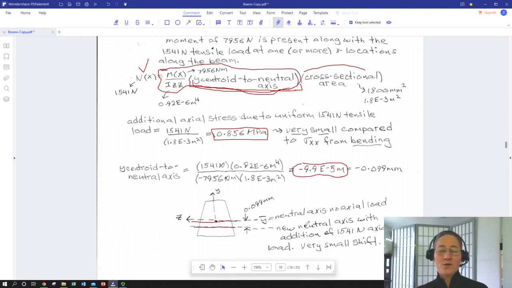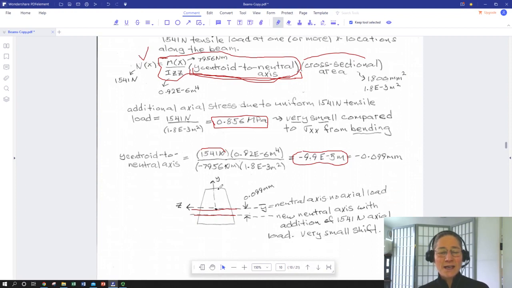So the new neutral axis is just a titch below where it was before. Not by much. Now, if you look at the magnitude of this axial force, if this were, say, 15,000, this would be 10 times bigger, so it would be maybe 1 millimeter. But still, the entire height of this, remember, was 80, so it's still not dropping very much.